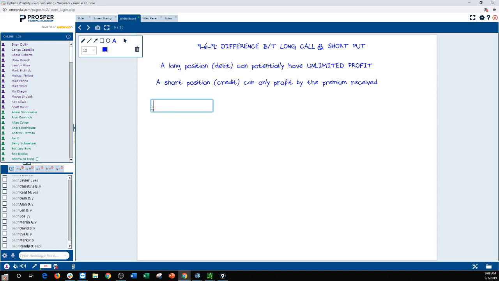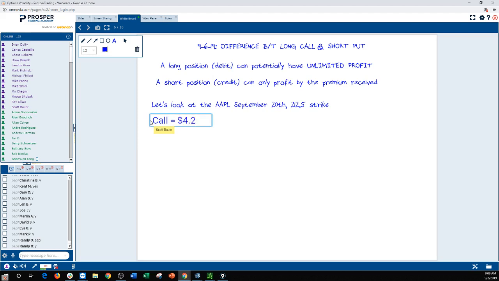Okay, so let's look at the Apple September 20th 212 and a half strike. So the call is trading for, I'm just going to round this off, 4.25, and the put is trading for $4. Okay, now these are the 212 and a half strikes.